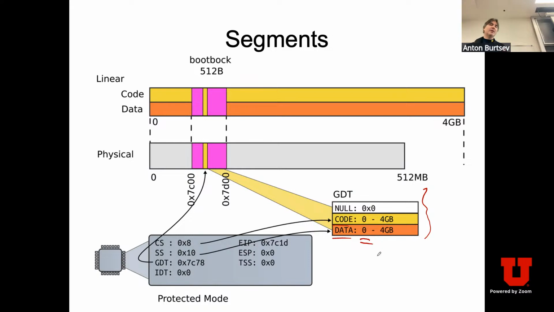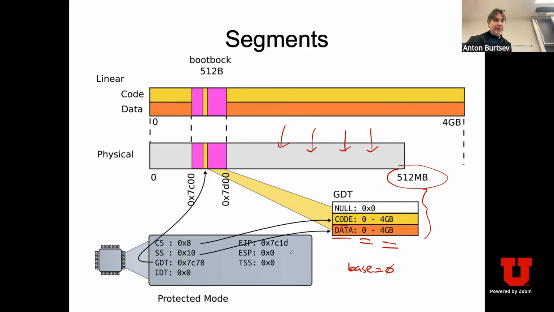So essentially, the base of the segment is 0, meaning that nothing gets added to the address. And the limit of the segment is 4 gigabytes, allowing us to access the entire 4 gigabyte address space, right? At this point, if we have a machine with 512 megabytes, we can issue any load or store anywhere in this address space, right? And that's fine.